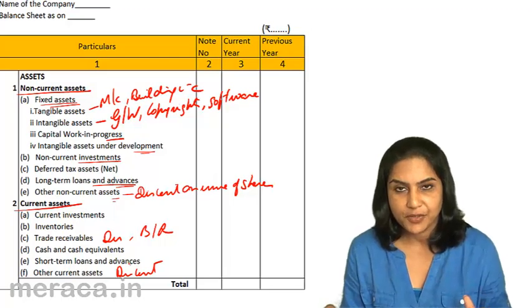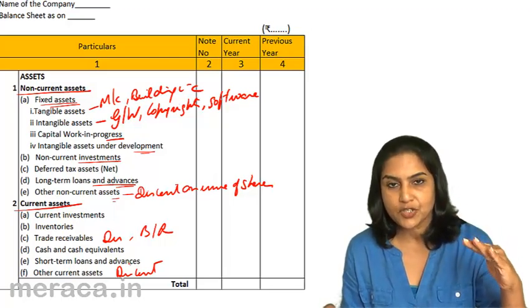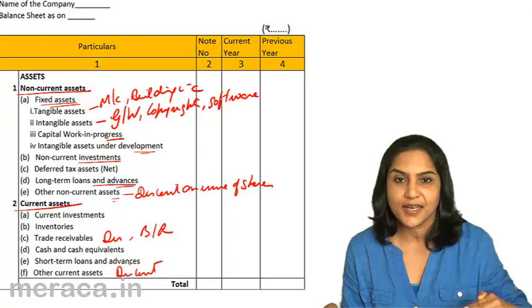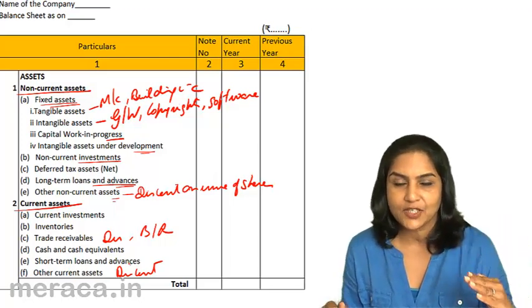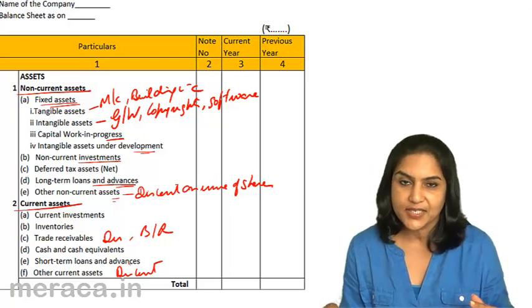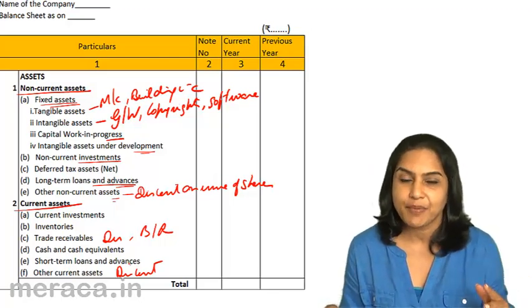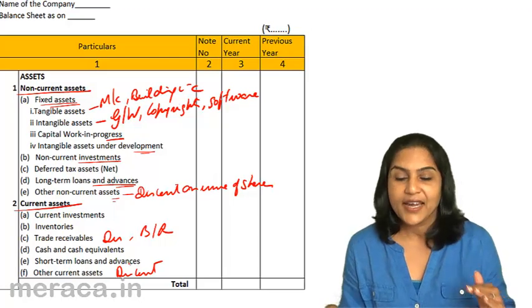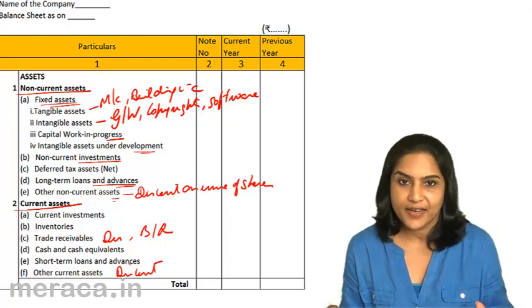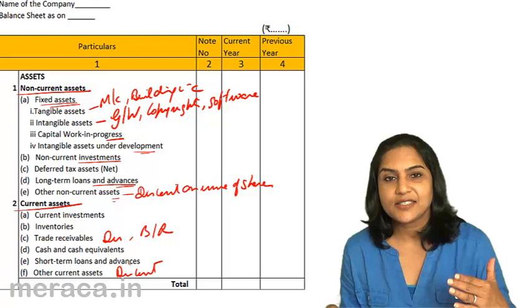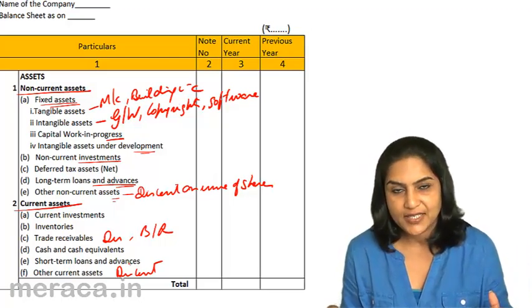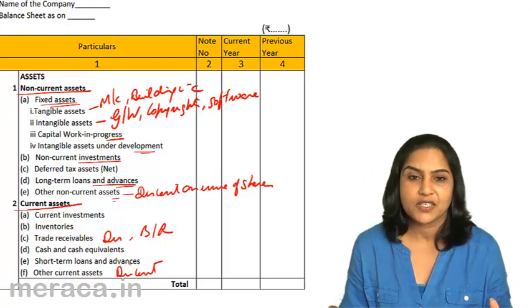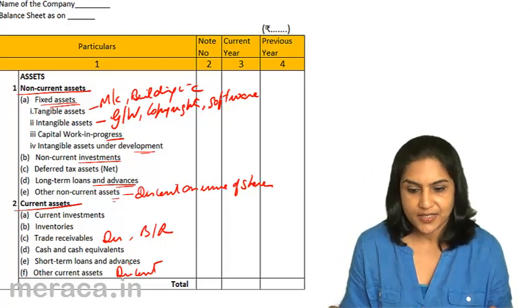So the asset side of the balance sheet broadly consists of only non-current assets and current assets. Under non-current assets, one item we have is fixed assets, which includes tangible assets, intangible assets, capital work in progress, and intangible assets under development. Besides this, we have non-current investments, deferred tax assets, long-term loans and advances, and other non-current assets.